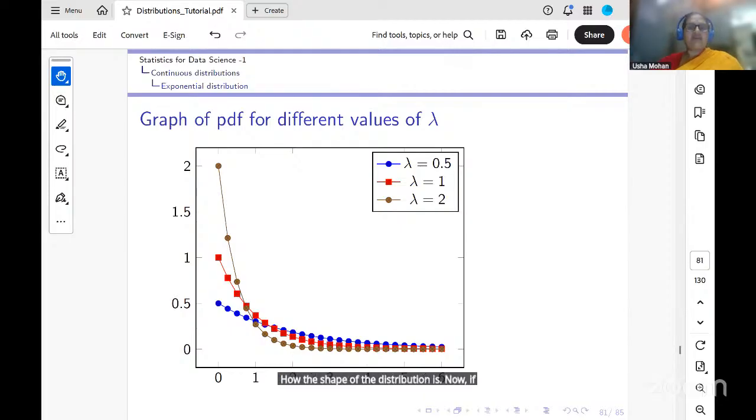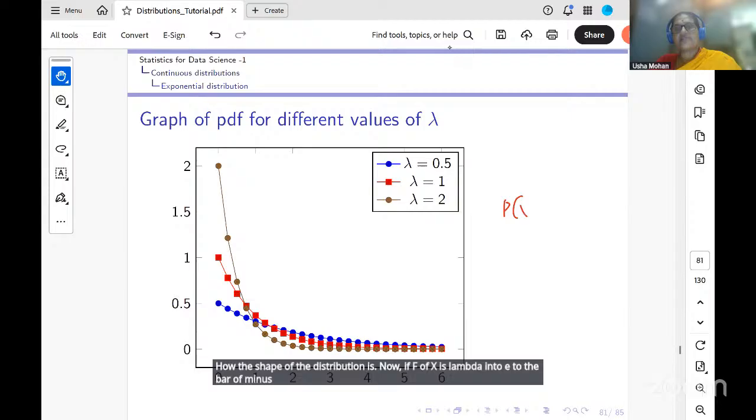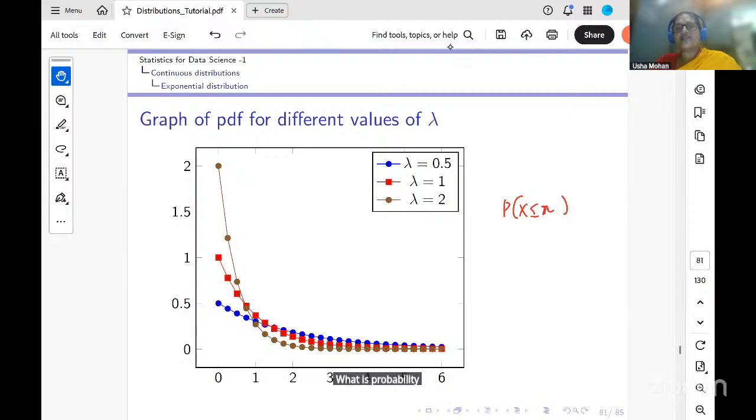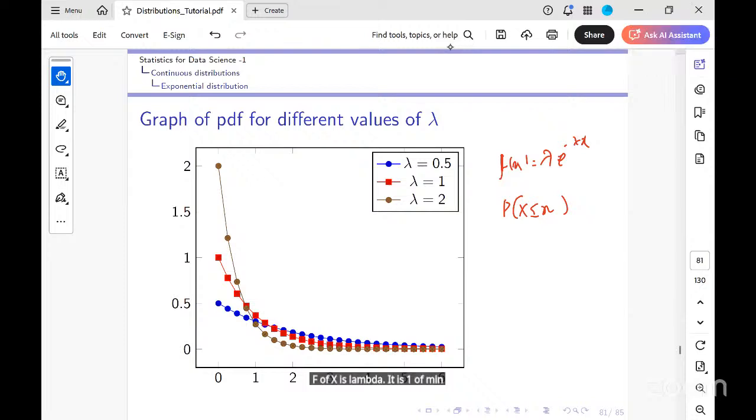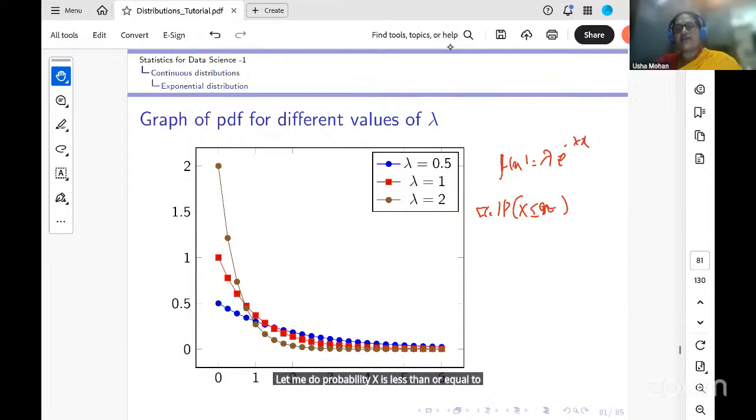Now, if f of x is lambda e to the power of minus lambda x, what is the probability that x is less than or equal to a? F of a, the cumulative, is the integral from 0 to a, because x takes values greater than or equal to 0, of lambda e to the power of minus lambda x dx.